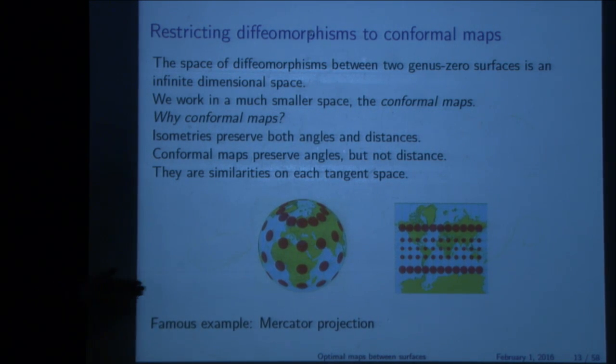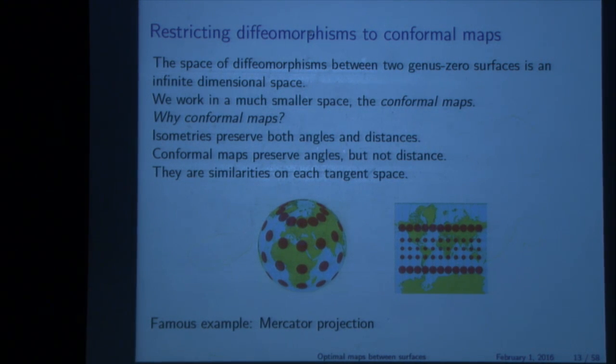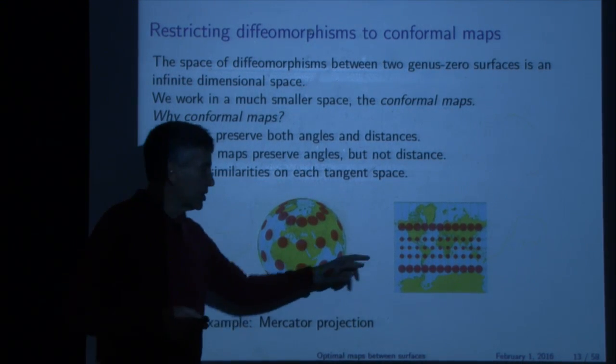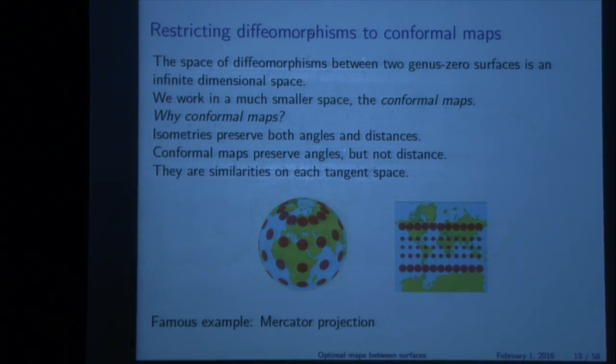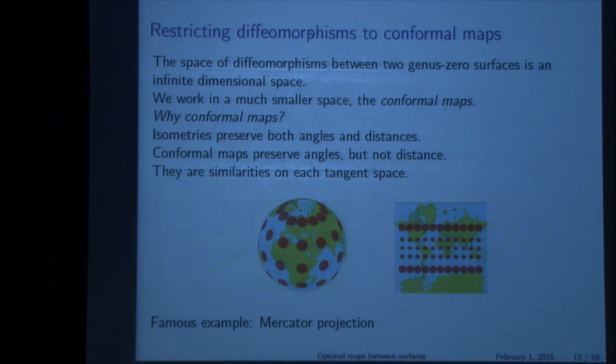A famous conformal map is the Mercator projection from the round surface of the Earth to the plane, which is the map we often see when we see maps of the world. Does anybody know why the Mercator projection succeeded all other maps of the world? There's an interesting historical reason why. There's many other possible ways of projecting a round sphere to the plane.